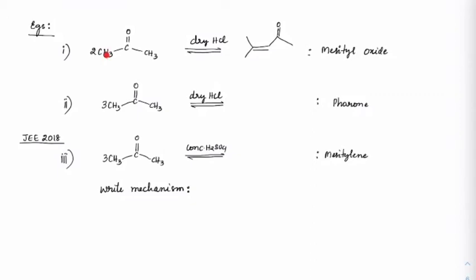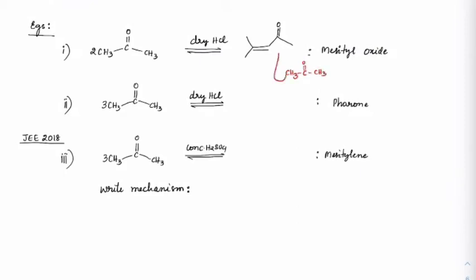Suppose you see CH3 C double bond O CH3, a simple ketone, that ketone can form mesityl oxide. In the case of 3 moles of ketone, in the presence of dry HCl, we can see this compound which is formed will again get reacted, as if it is CH3 C double bond O CH3.